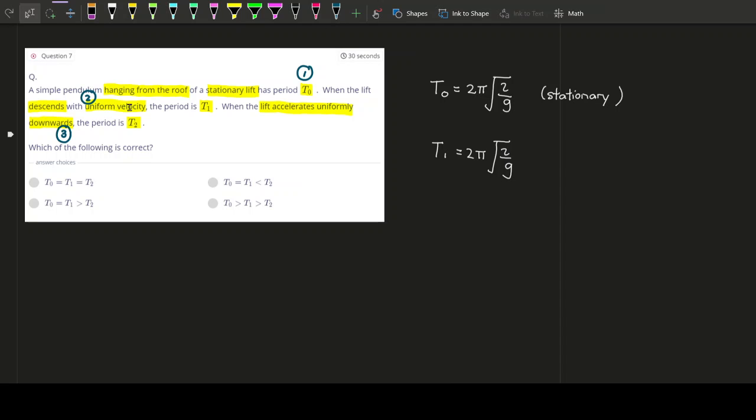It's descending with uniform velocity. If it's descending with uniform velocity, then the acceleration will be what? The acceleration experienced by the lift itself, the elevator, will be equal to 0 meters per second squared.